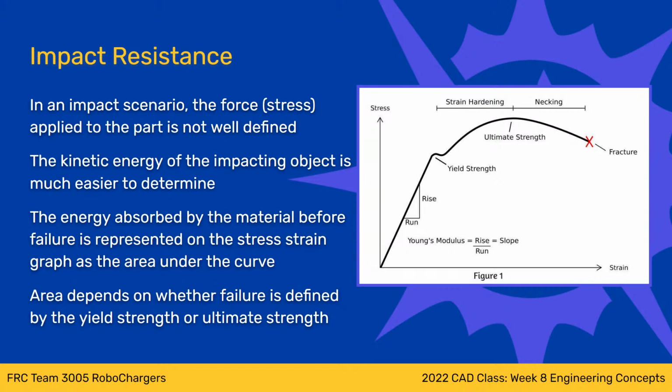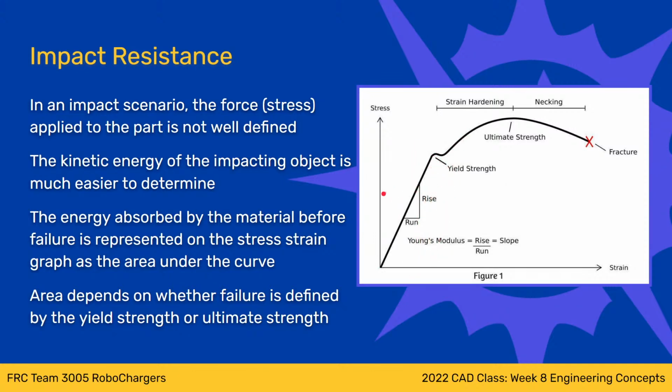So we can actually use the stress strain curve here to determine how much energy a part can absorb, depending on its size. Essentially, the energy density is represented on this graph as the area under this curve.